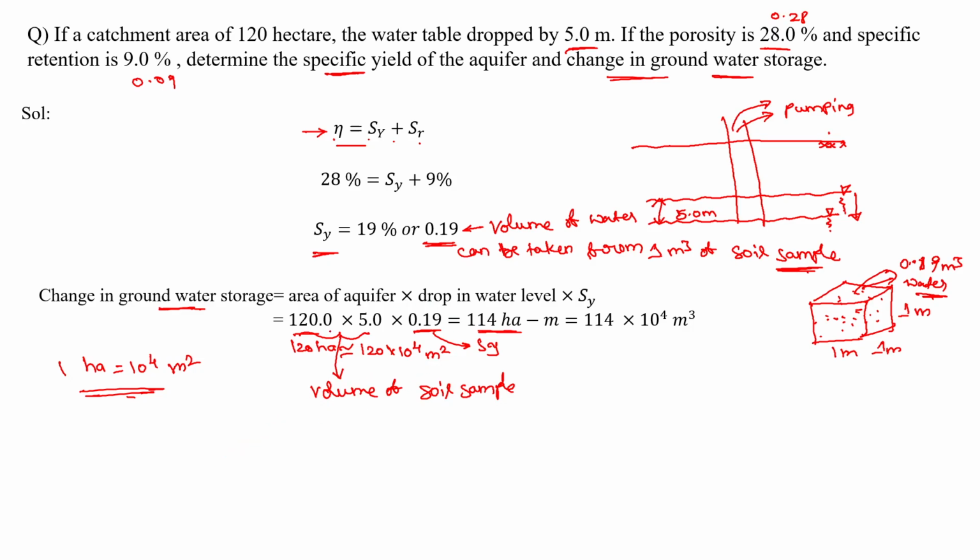That will be 120 into 5 into 0.19, which is 114 hectare meter, nothing but 114 into 10 power 4 meter cube. Alternatively, SY is the volume of water taken to the total volume of soil sample. These are very intrinsic definitions to be remembered. Don't neglect them, because a clear idea about these definitions will help you solve the 2 marks questions in later sections. Let's move to the next section.